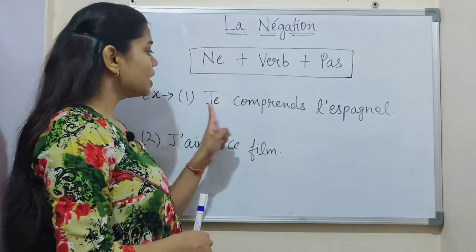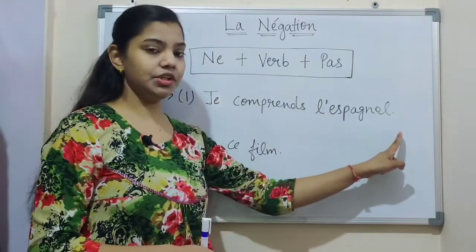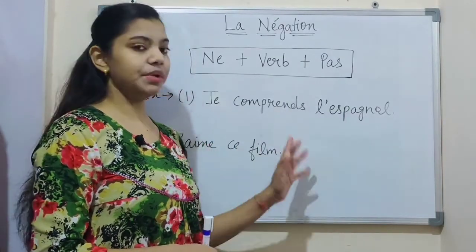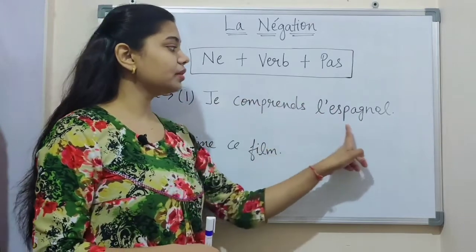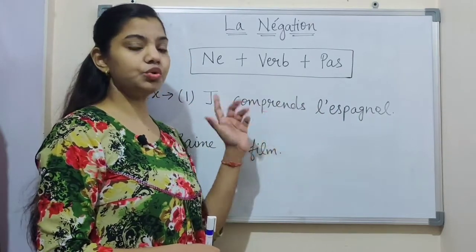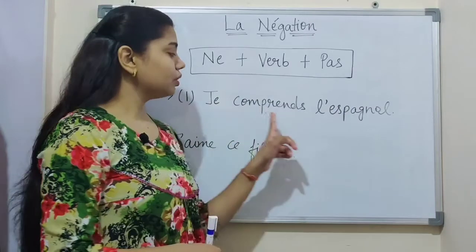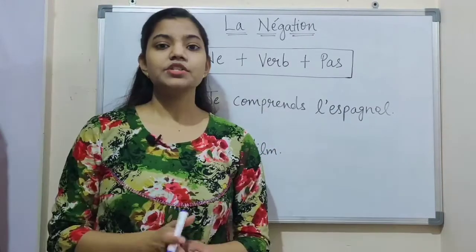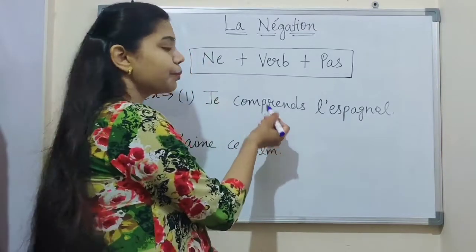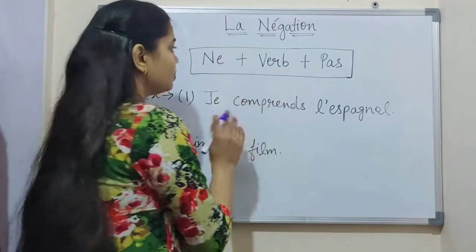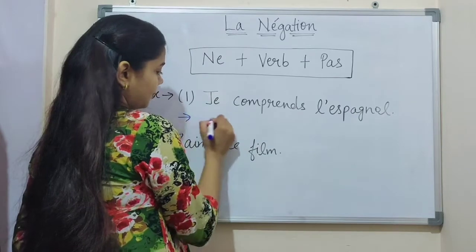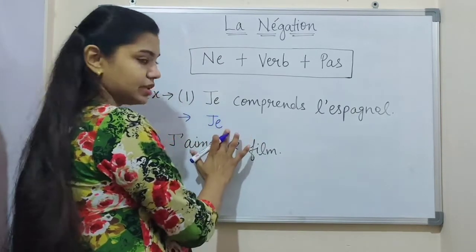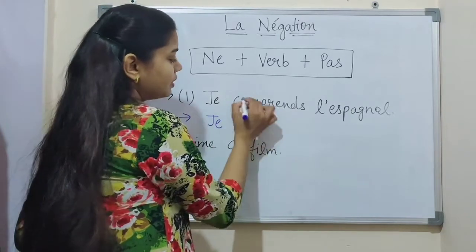Example number 1, je comprends l'espagnol. That means I understand Spanish. Comprends means to understand. If we make this sentence negative, we write je as it is, and comprends is the verb.